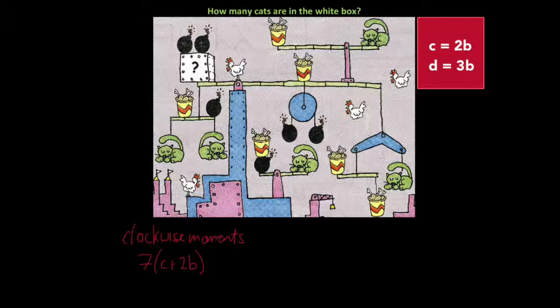So when we write that in, we also have, so I'm adding it on here, distance of 5 times the weight, a cat and a bucket. And finally, we have 3 units across and the weight of a bucket and two dynamites. So the distance is 3, we have a bucket and two dynamites. And that's the clockwise moments.